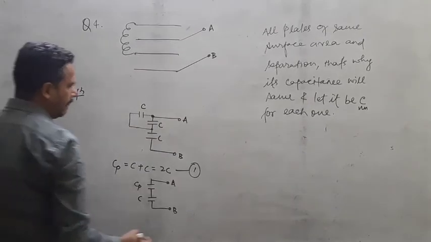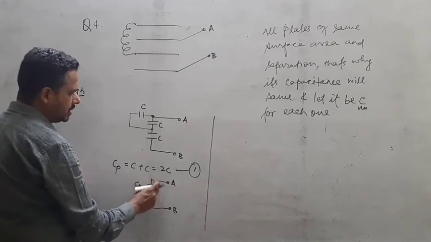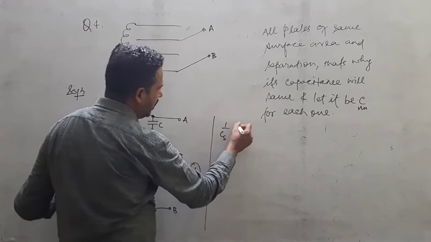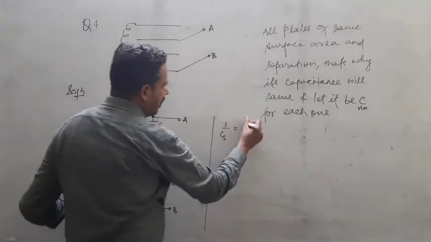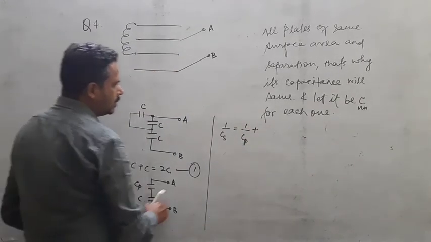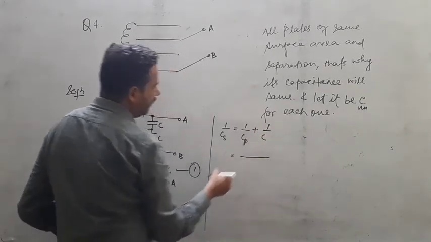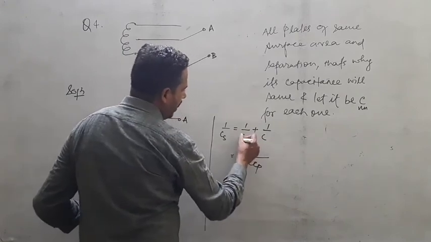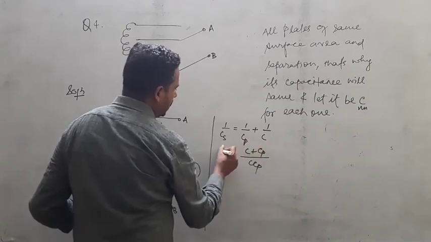Okay, so now you see that both are connected in series. For the series combination, you know it is taken in reverse: 1 by Cs is equal to 1 by C1, that is Cp, plus 1 by C2, that is C. Now after doing the calculation, you will see that there is C plus Cp over C Cp, and this is 1 by Cs.